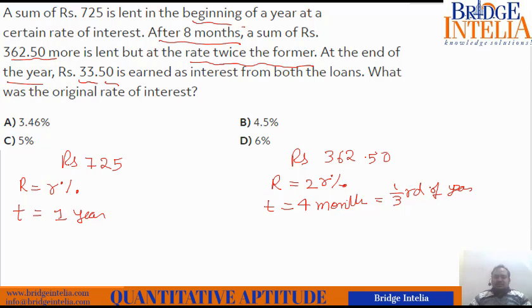So let's put this mathematically. In 1 year, the interest earned from here is how much? R% of 725 is the interest you are going to earn from here. How much interest are you going to earn from here? In the second case, the amount has been deposited for only 1/3 of the time.